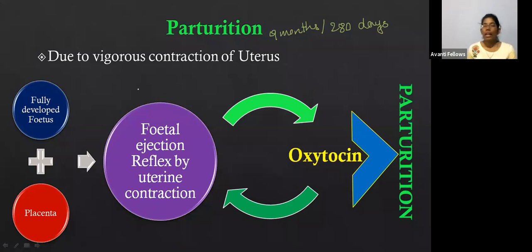Okay, so now the gestation period is over. After the gestation period is over, there is a fully developed fetus, right? That fetus along with the placenta combinedly forms a factor called the fetal ejection factor.